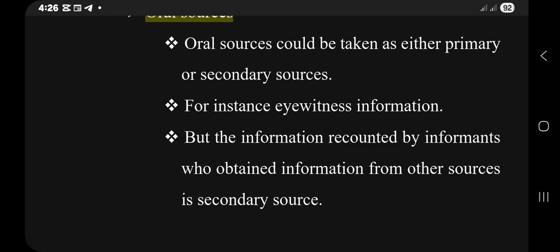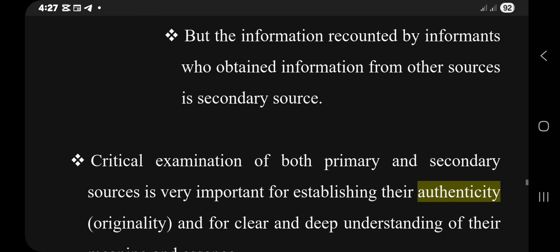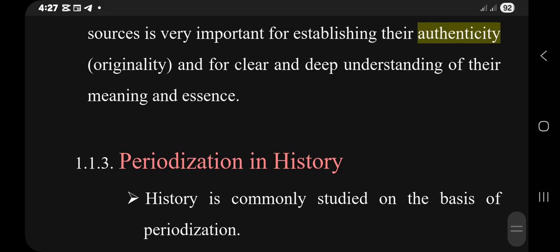Oral sources must be checked against other sources in order to avoid distortions. Why? Because oral traditions might be transferred from a long distant past. They may be distorted, so they must be rechecked by other written sources. These are the very important topics.